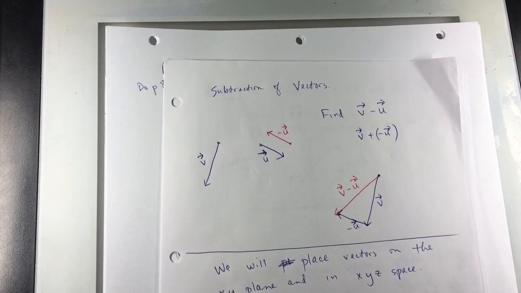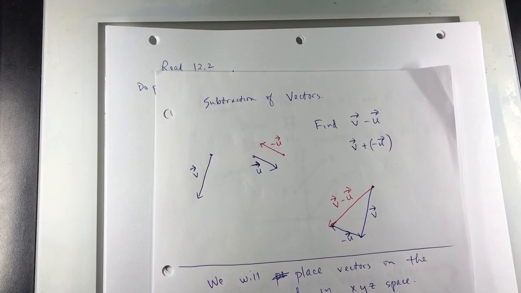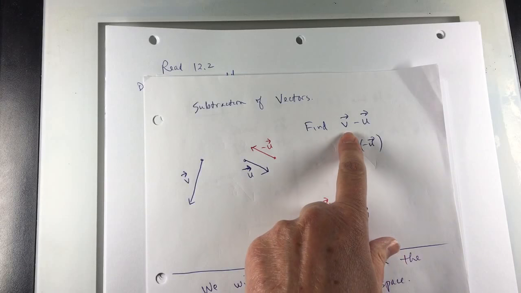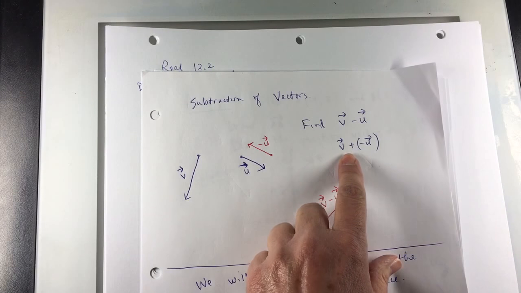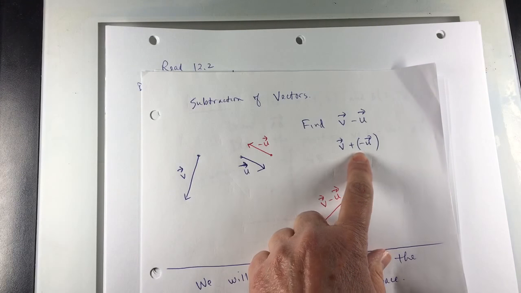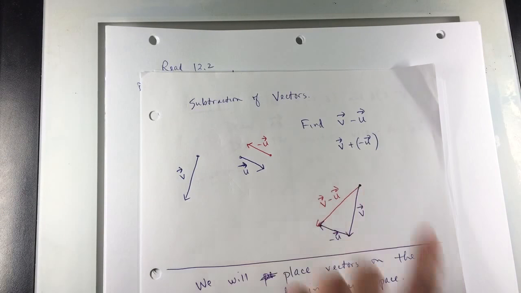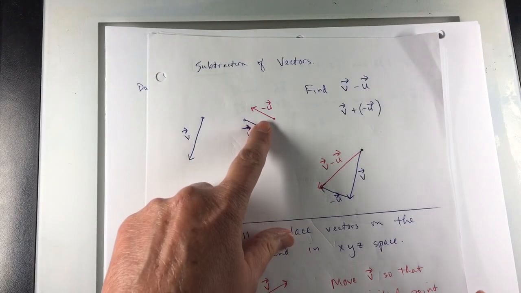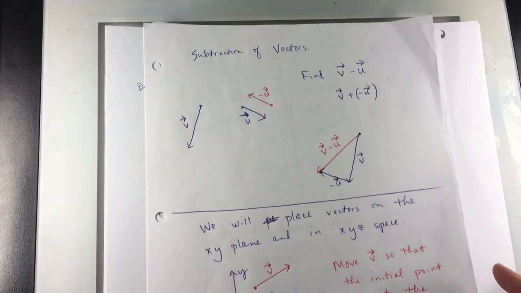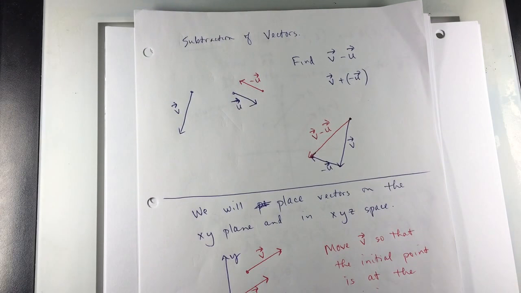Subtraction of vectors geometrically, I wrote v minus u as vector v plus negative of vector u. So I changed the direction of u and then set it up geometrically.